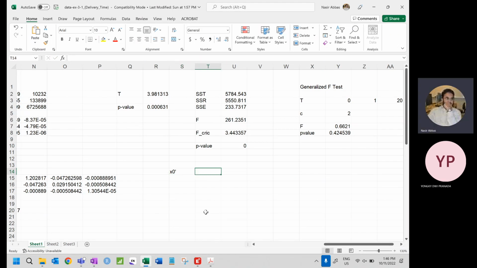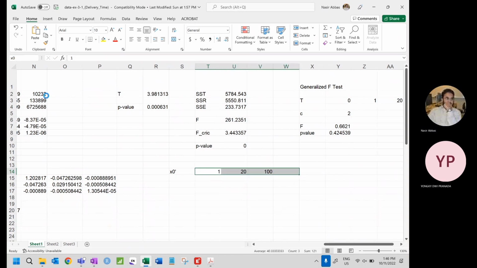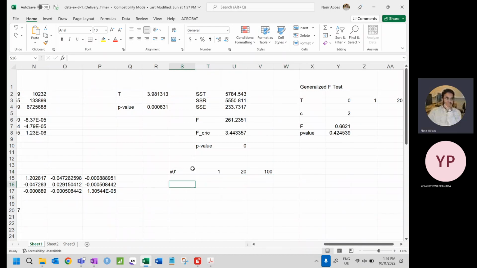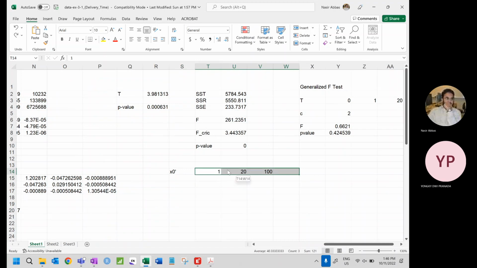It is 1, 20, 100. And let me give it a name, x naught. I think I selected one extra column. I gave it the name x naught transpose.